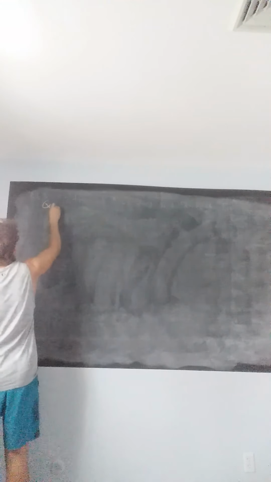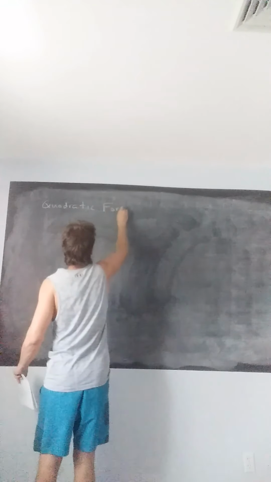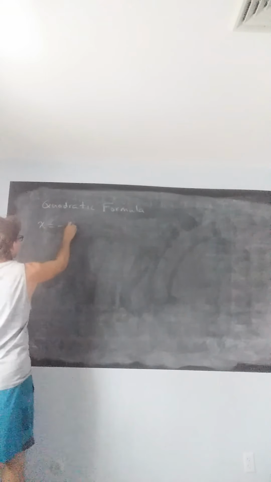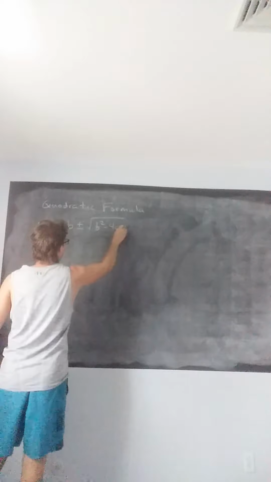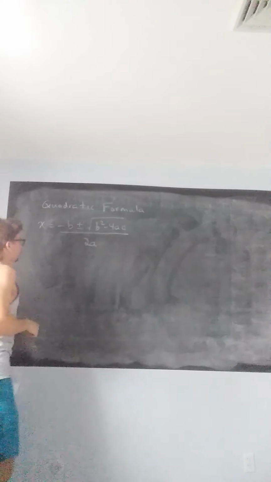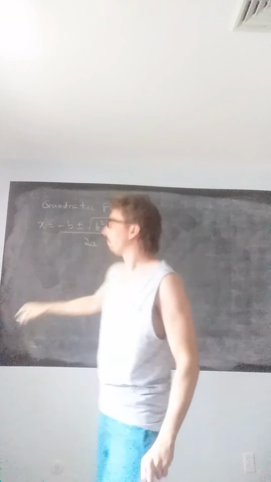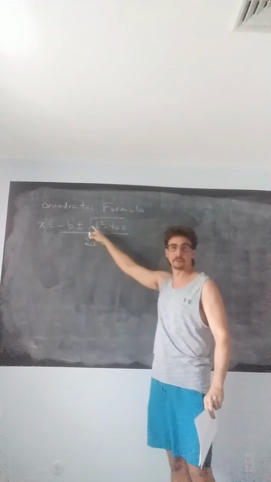So I'll write that up here. So the quadratic formula is this formula right here. X equals negative b plus or minus the square root of b squared minus 4ac, all over 2a.